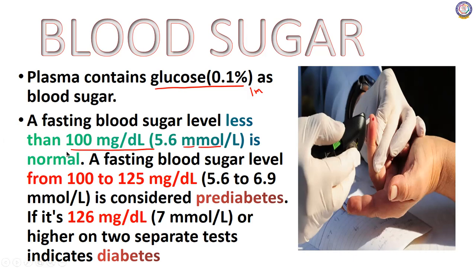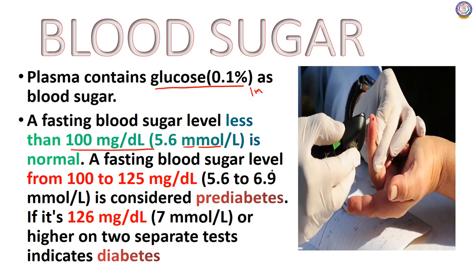Otherwise we say the person is diabetic. There are two types of diabetes, type 1 and type 2, like that we are categorizing. And this blood test, they take before meal and after meal also. So there will be various configurations and numbers also. Few I've displayed here.